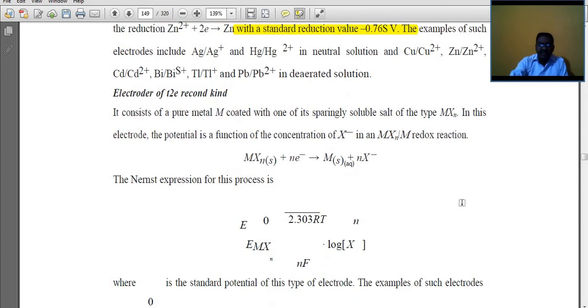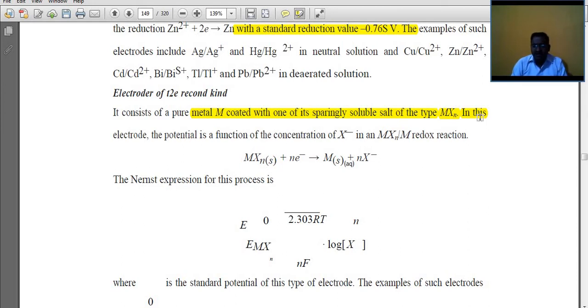Electrodes of the second kind. It consists of a pure metal, represented by M, coated with one of its sparingly soluble salts of the type MXn.